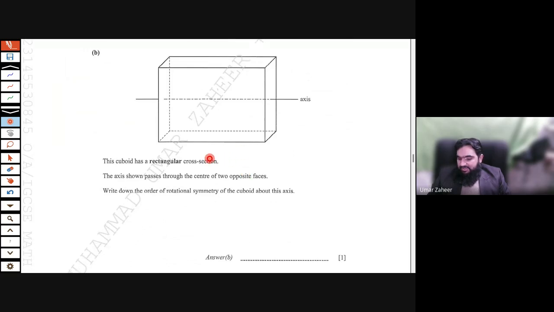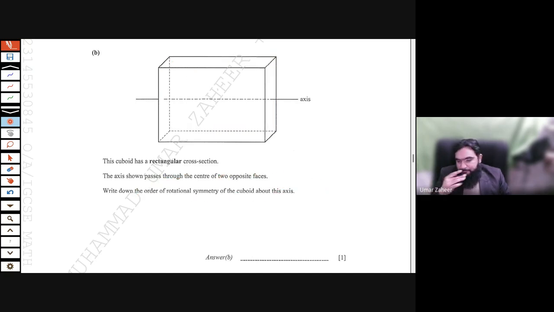All right, in the B part, this cuboid has a rectangular cross section. So the axis shown passes through the center of the two opposite faces. This is the one face and this is the background face. Tell me about the order of rotation symmetry of the cuboid.